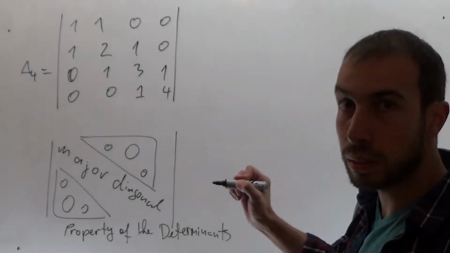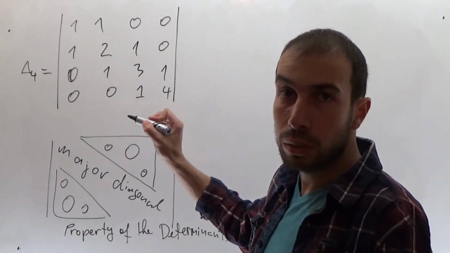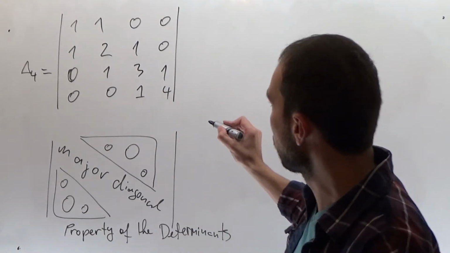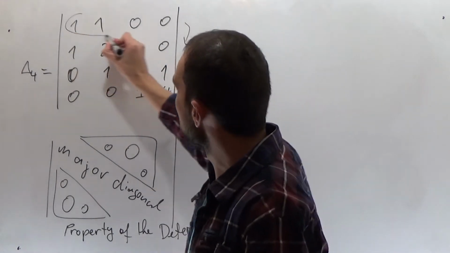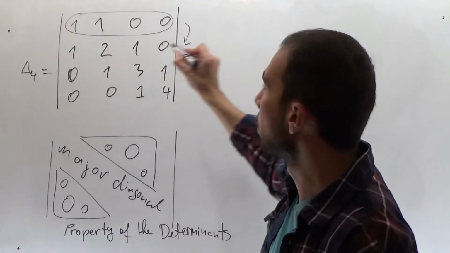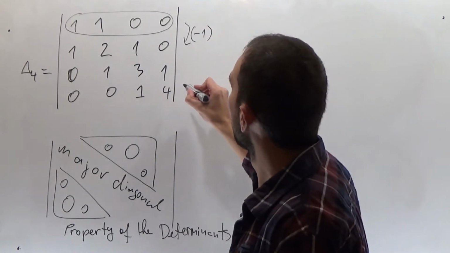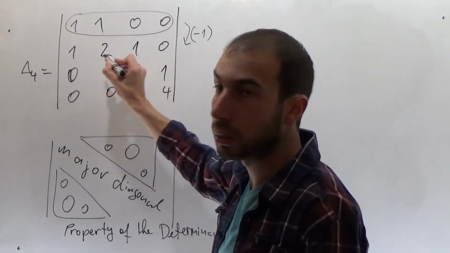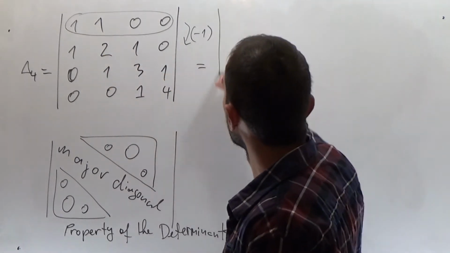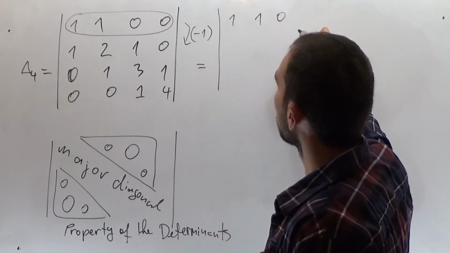I will calculate in the same way this determinant of the fourth order. Okay, I will multiply first row of the determinant by minus 1, and as a result of this I will add to the second row of the determinant. Okay, first row remains unchanged.